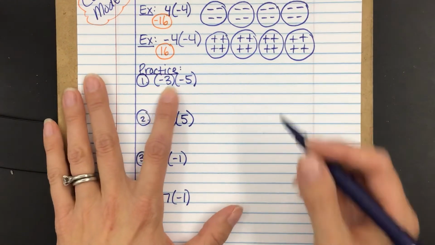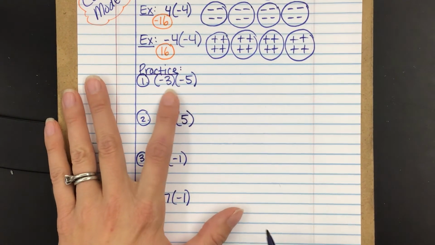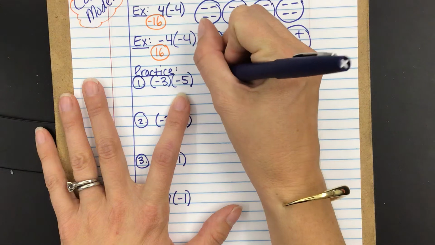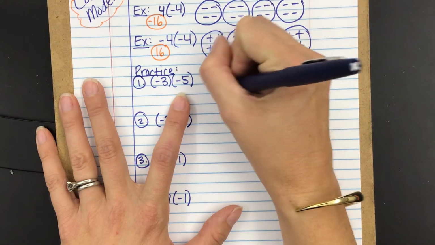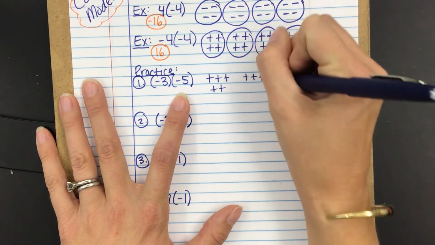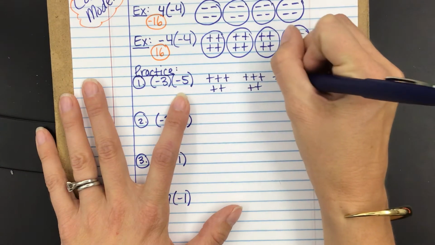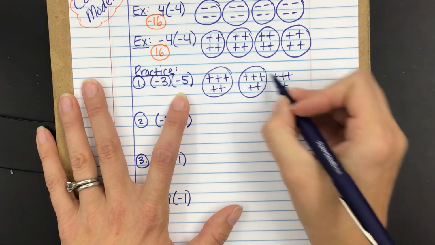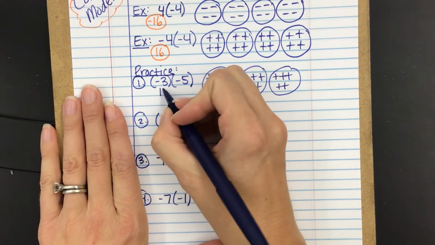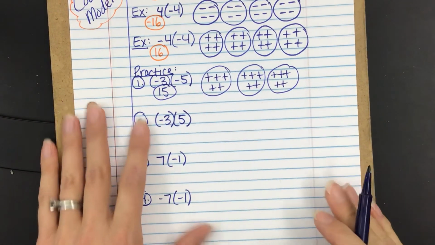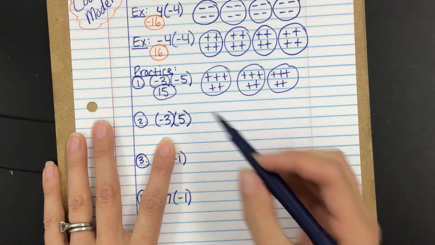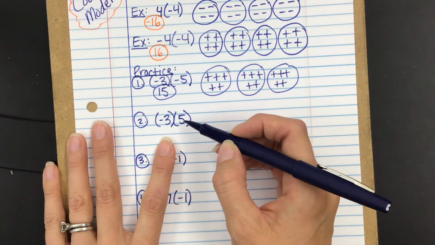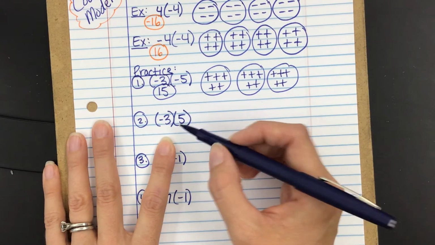The opposite of 3 groups of -5 would be 3 groups of +5. One, two, three. So we get a +15 here. Next one, the opposite of 3 groups of +5 would be 3 groups of -5.